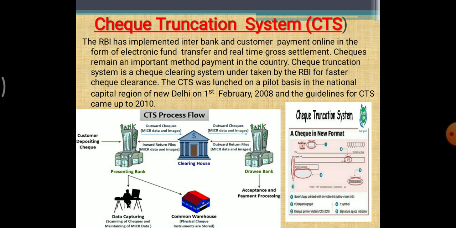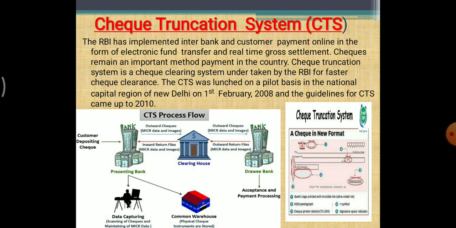The cheque truncation system enables the realization of cheques on the same day and provides a more cost efficient mode of settlement than manual clearance. So we can see the process flow of the cheque truncation system: the customer deposits cheques, and outward cheque data and inward return files go onward to the clearing house.